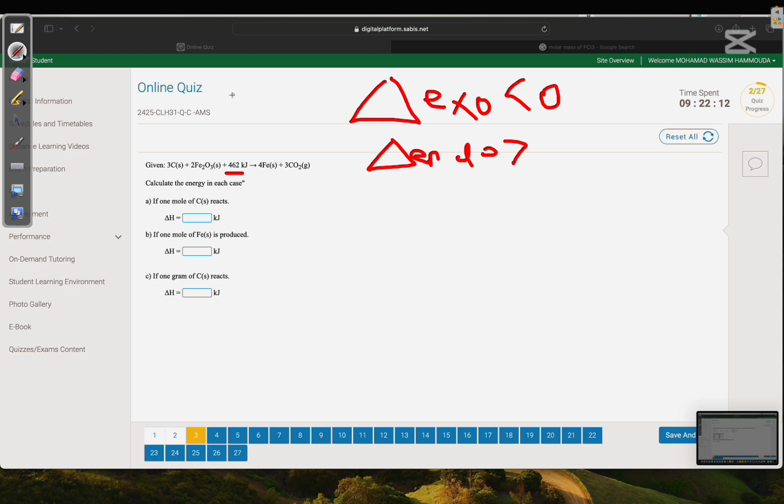So here we have 3 moles of carbon. So how do we go from 3 moles to 1 mole? We divide by 3. So we do 462 divided by 3, which is 154 kilojoules.